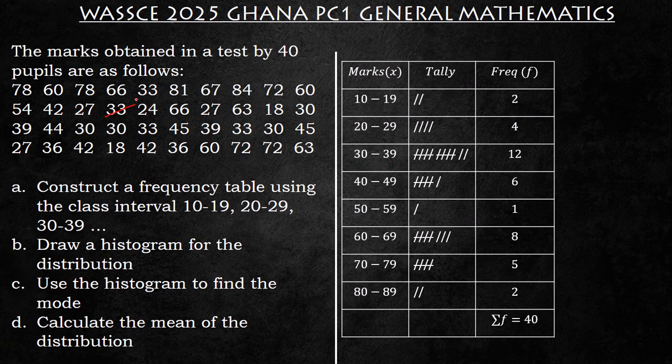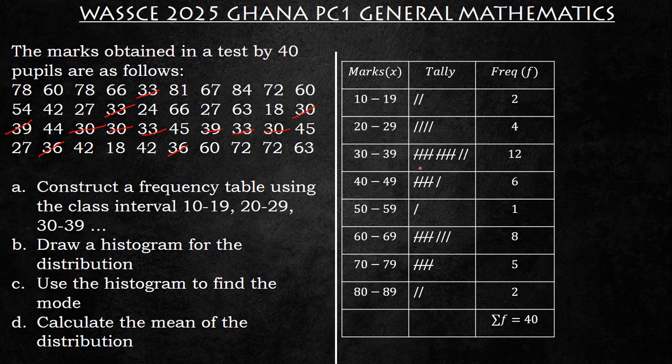So we have one over here, one over here, another over here: 30, 39, 30, 30, 33, 39, 33, 30, 36. So now we have the 30s.